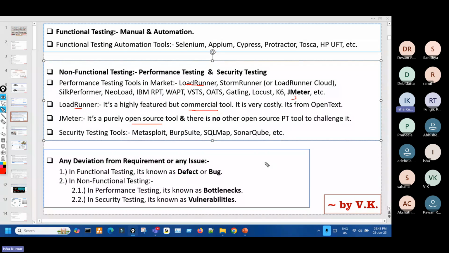Whenever you purchase a laptop, Windows 11 comes with it, but the license cost is already included. Same way, even my MS Office, we have to buy it. So these applications are called commercial tools, because you need a license, you have to pay, and then you use it.